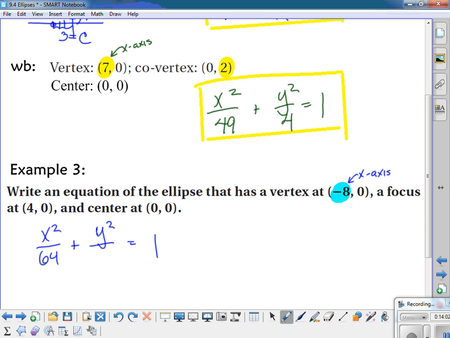And so I'm going to use that relationship, f squared equals v squared minus c squared, to figure out the distance to my co-vertex.